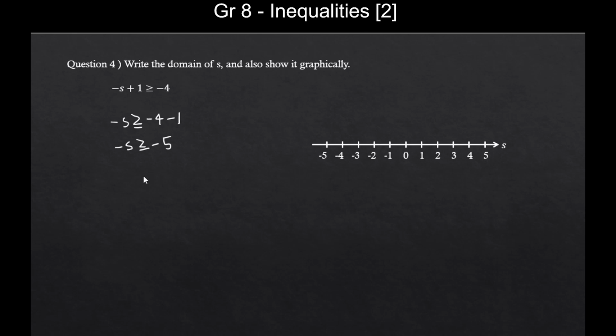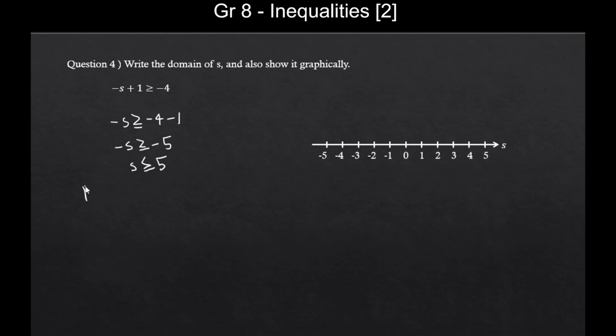Make sense? And now we have to flip the sign. You remember when we flip the sign, we also have to flip the symbol like this. So 5 is greater than or equal to S now. Make sense? Because we just flipped the negative sign and the symbol should also flip.